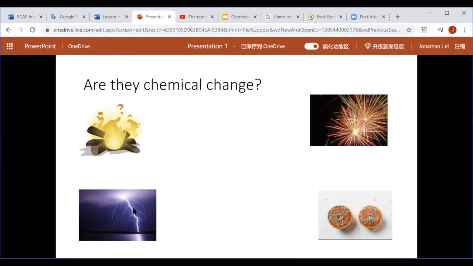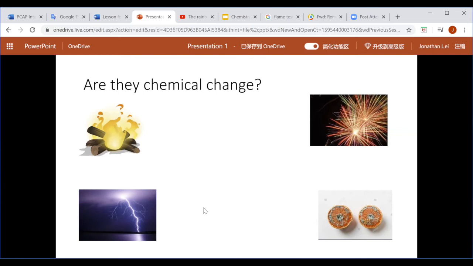So how about lightning? Is lightning chemical change? Yes. So basically, what kind of new substance do you think it will produce? Lightning. It will produce heat and, I guess. Yeah, but heat is not a substance.